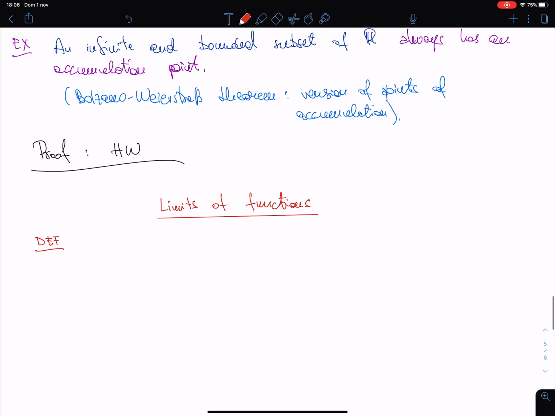Okay, so as usual we have a subset E of R that will play the role of the domain of a function we are interested in. Then I take x bar to be an accumulation point of E. Then f goes from E to R, the function we want to study, and L, a real point.